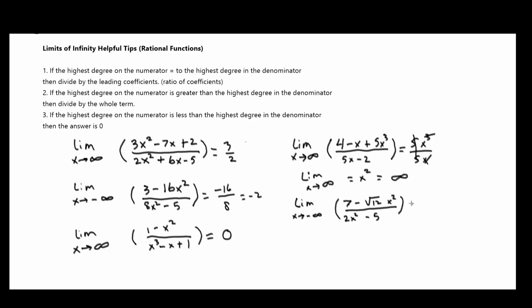This turns into negative 2 radical 3 over 2. These 2's cancel, and you end up with a final answer of just negative radical 3.